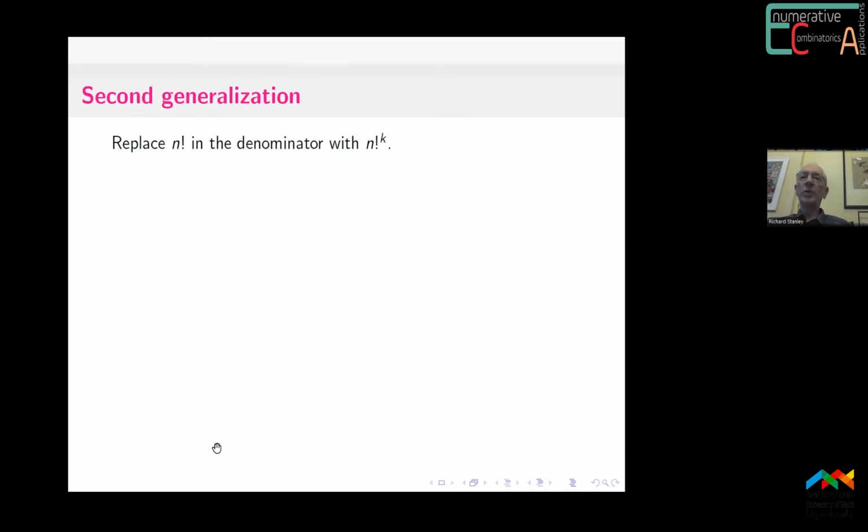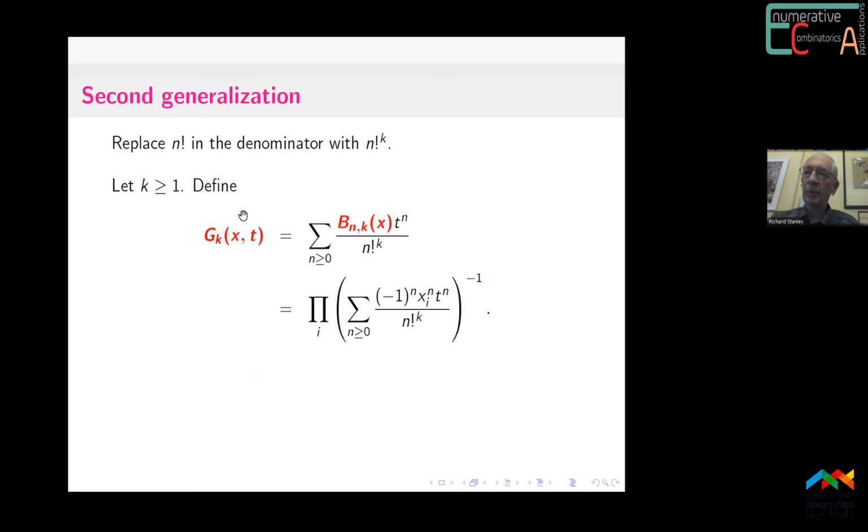Now, my second generalization is to replace n factorial with n factorial to the k. So now I'll be looking at symmetric functions B of n, k, x. The generating function is the sum of B_{n,k}(x) t to the n, but now the denominator has n factorial to the k, rather than 2n factorial in the original problem.